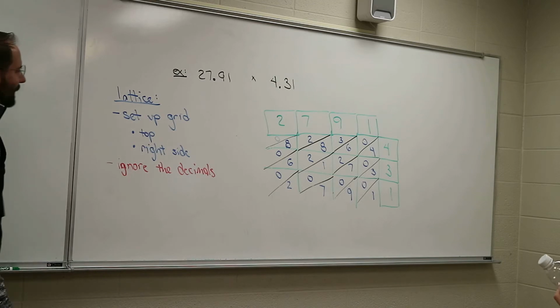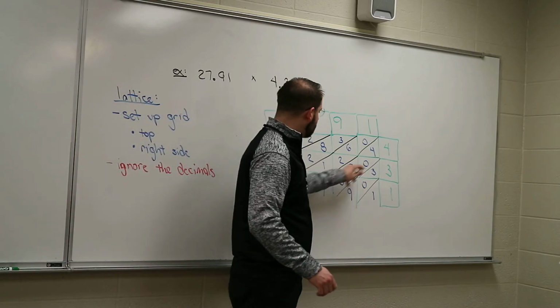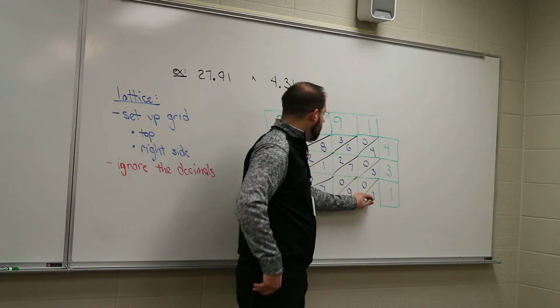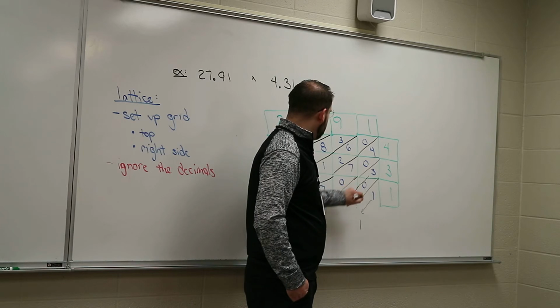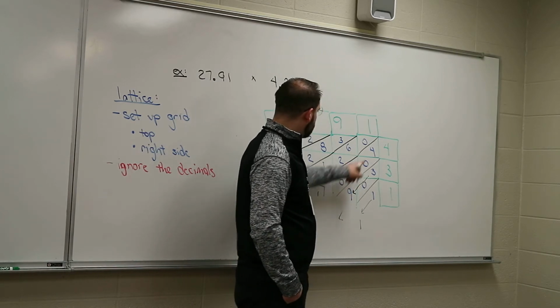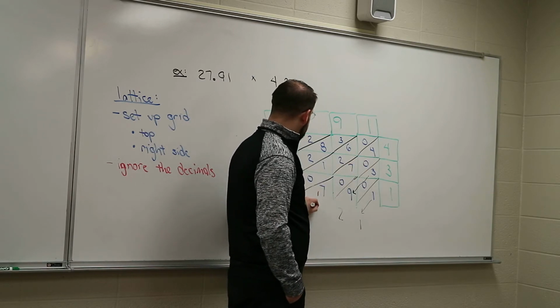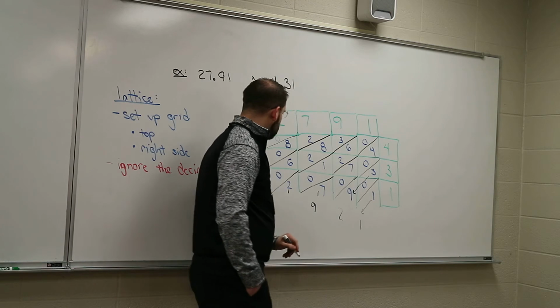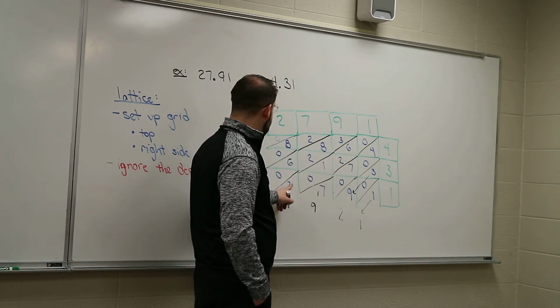All right. So, now, let's add these up. Now, when you add, you only add the numbers in the grid system, and you go diagonal. So this first number here is the number 1. When you add these up, that'll make a 12, and you have to carry a 1 to the next row. So then this makes 11, 18, 19. So we carry a number over to the next row. 6, 8, 9, 10, 11, 12.